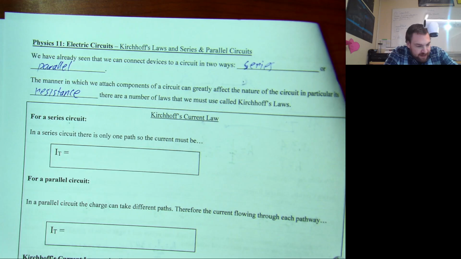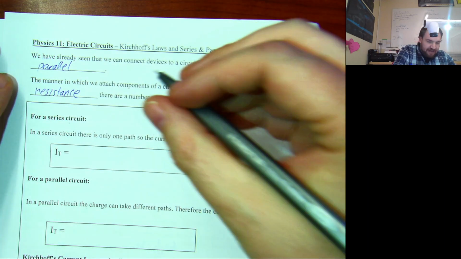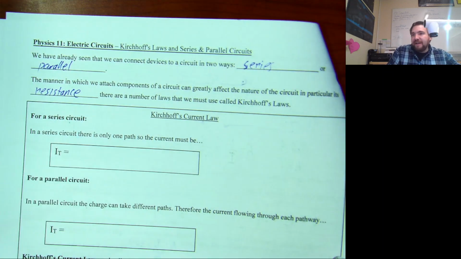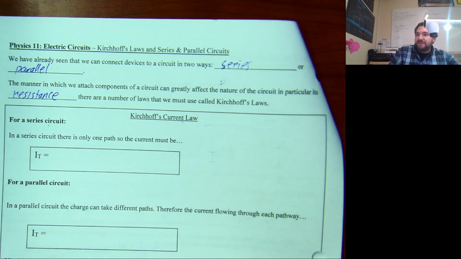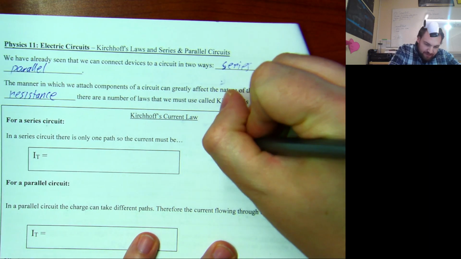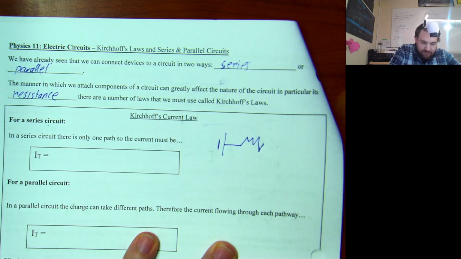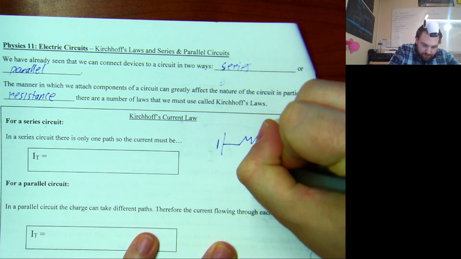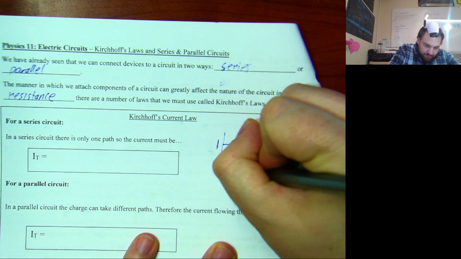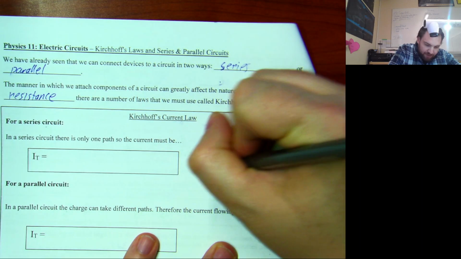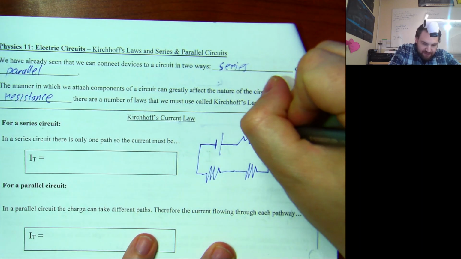You've seen this one already. For a series circuit, there is only one path for the current to flow, so the current must be the same everywhere. So if I have a circuit that looks like this, I'm going to draw a simple circuit here on the side. Instead of a bunch of light bulbs, I'm just going to draw resistors because they're easier.